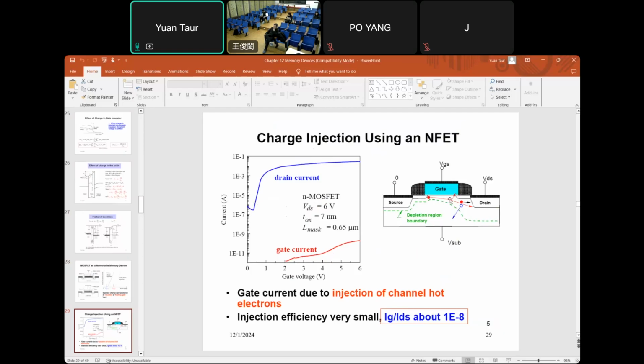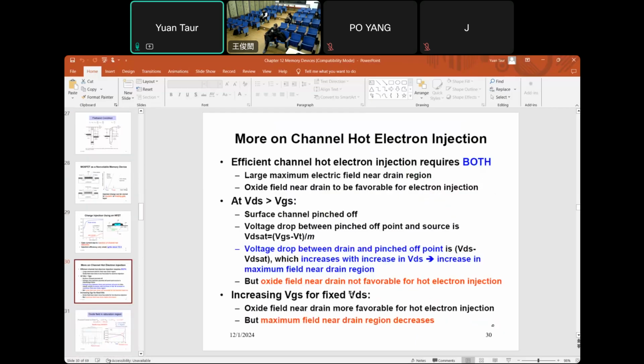The gate current is due to the hot electrons injected into the gate in the high field region near the drain. But notice that the efficiency is very low. The drain current is on the order of 10 to the minus 2, but gate current is only about 10 to the minus 10. So the ratio is 10 to the 8. So this injection efficiency is very poor. And so we try to explain why that's the case here.